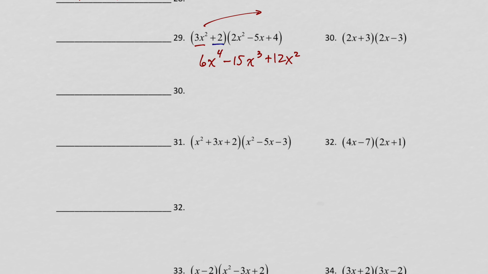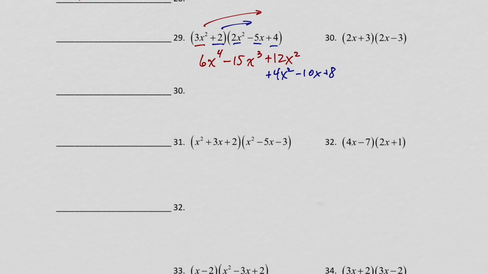I'll move on to the 2, and I'll distribute that through. When I multiply by this, I get a positive 4x squared. Oops. So that's going to go here. And then when I multiply by this, I get a negative 10x. And when I multiply by this, I get a positive 8.